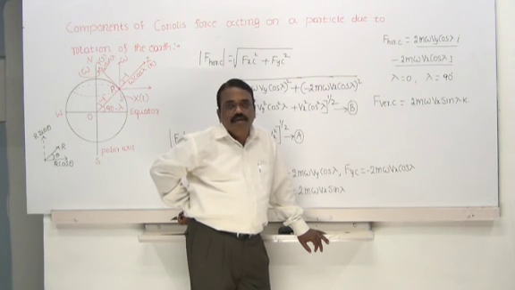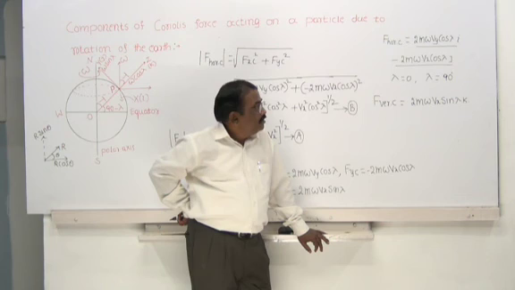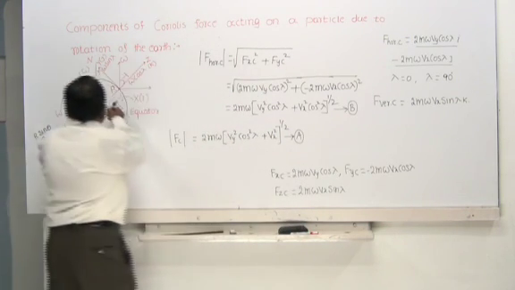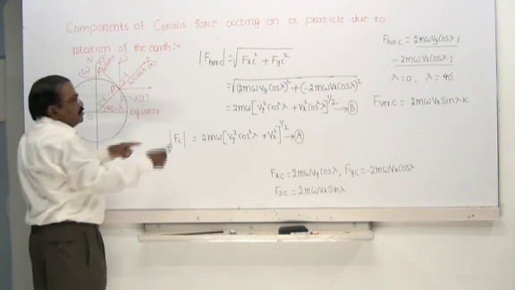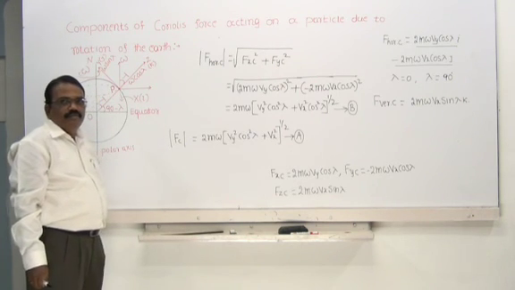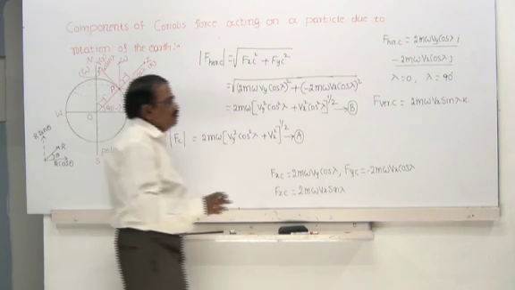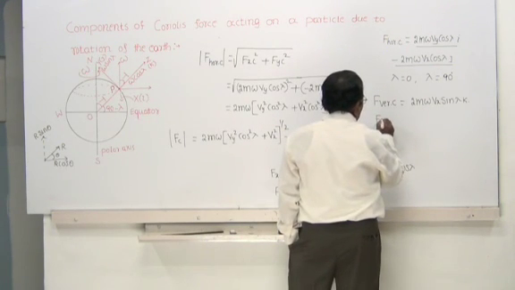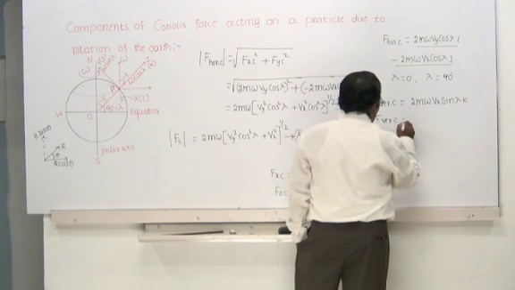If lambda is 0, the vertical component is 0, isn't it? Because sin 0 is 0, this becomes 0.